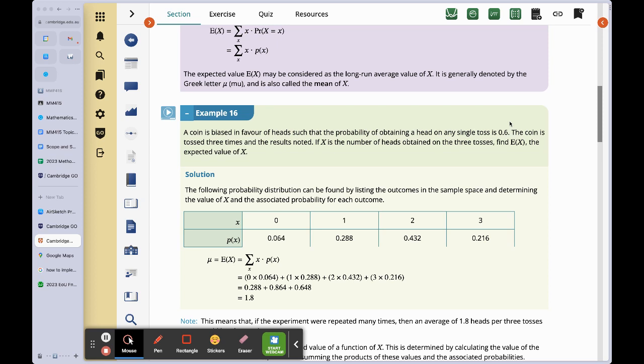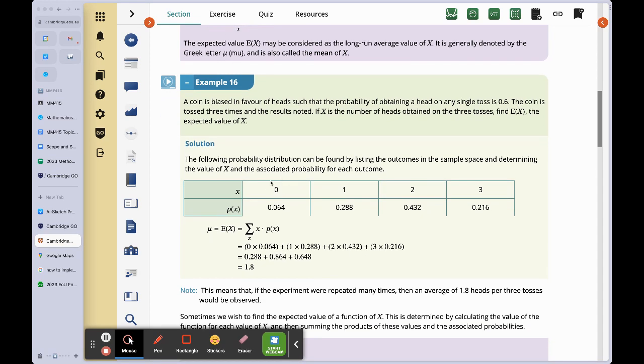So what does that mean about the probability of getting a tail on any single toss? The coin is tossed 3 times and the result is noted. If X is the number of heads obtained on the 3 tosses, find E of X, the expected value of X.